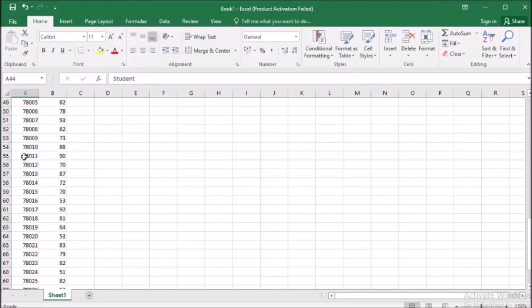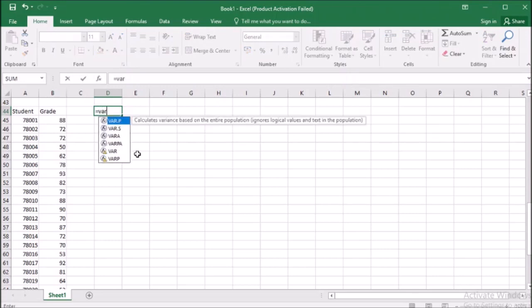Let's say we have 30 students over here, and these are their student IDs. And say we have these grades. One quick way to calculate variance as one measure of dispersion is to use the Excel formula, which is equals VAR dot, and here we have a choice, either a variance for the population or a variance for a sample.